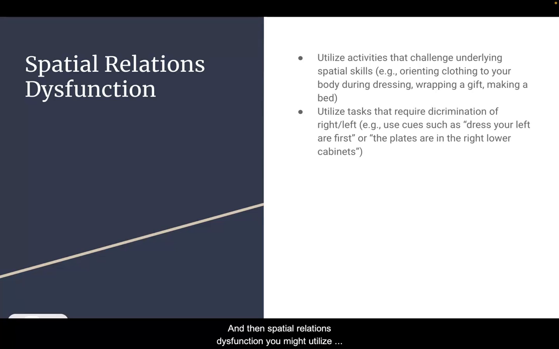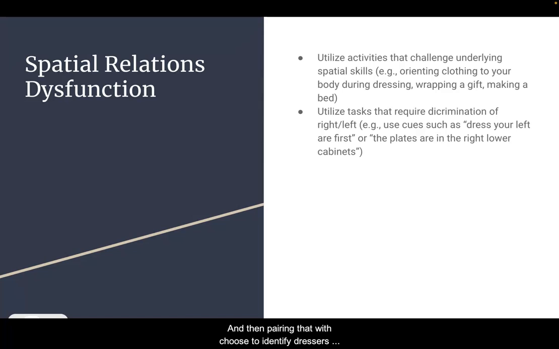And then spatial relations dysfunction, you might utilize activities that challenge the underlying spatial skills. So for your client who is unable to identify front from back, left from right, up from down, you might try orienting the clothing to the body during dressing, wrapping a gift or making a bed to identify left, right, up, down, front, back.